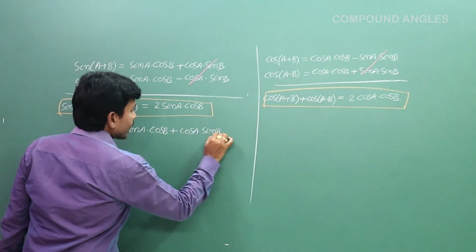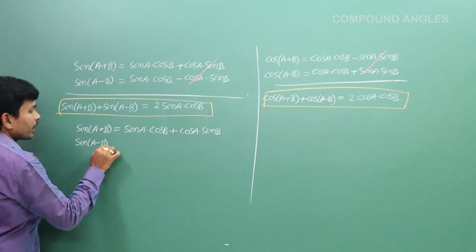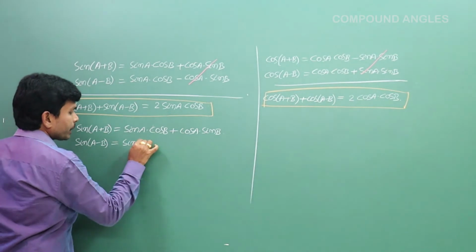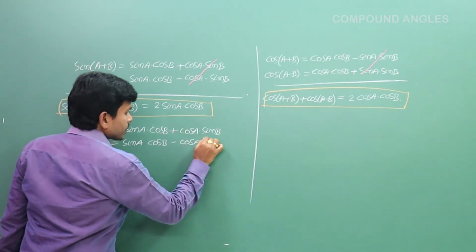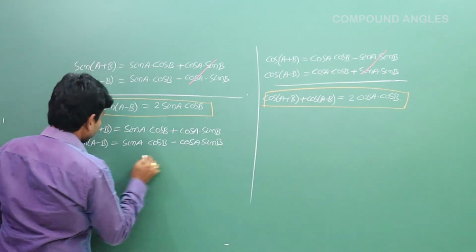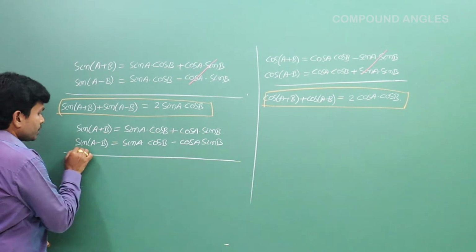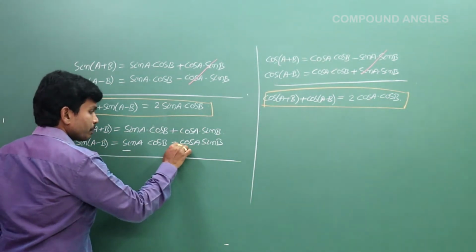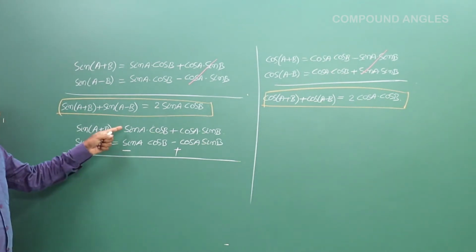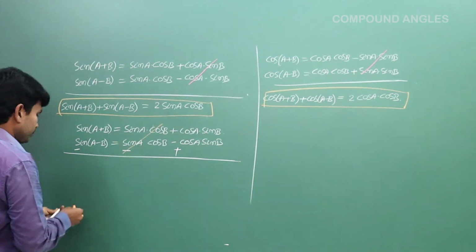The second one again I am writing, sin of a minus b equal to sin a cos b minus cos a sin b. Now both you have to subtract. Subtraction means change the symbols. The subtracted quantity's symbols are changed. So now see here, it is positive quantity, negative, same quantities get cancelled.